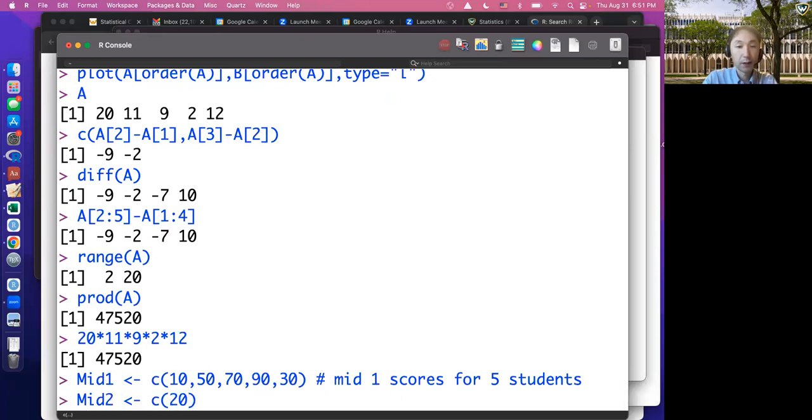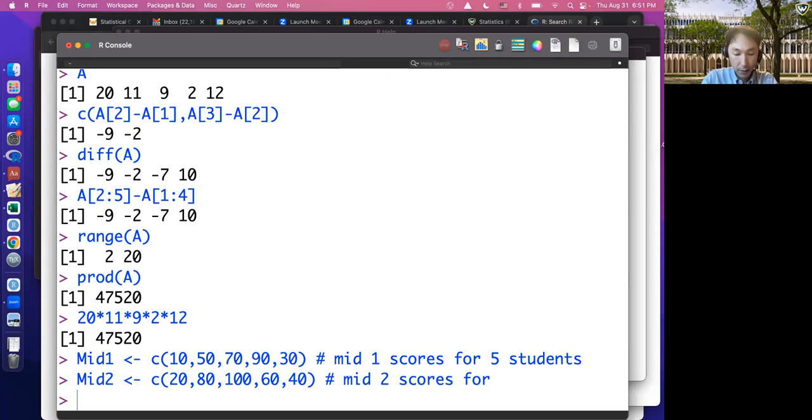The first student gets 10 in midterm 1 and 20 in midterm 2. And this is the midterm 2 scores for the same students. So mid1 and mid2 are two vectors.